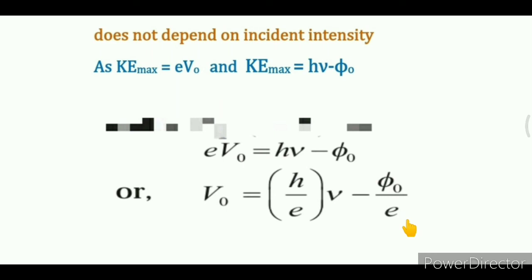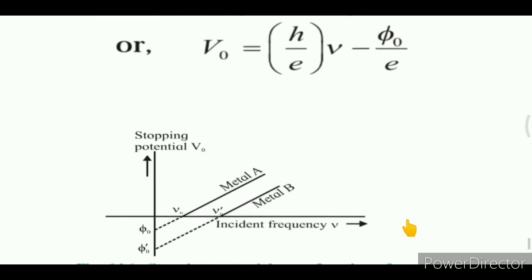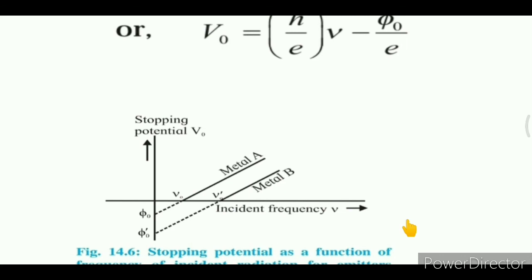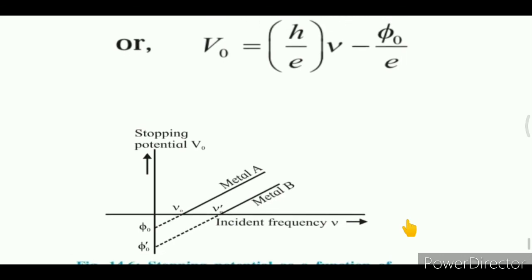From this equation, we can say, from the graph that we have studied earlier, that the stopping potential depends linearly on the frequency of incident radiation.